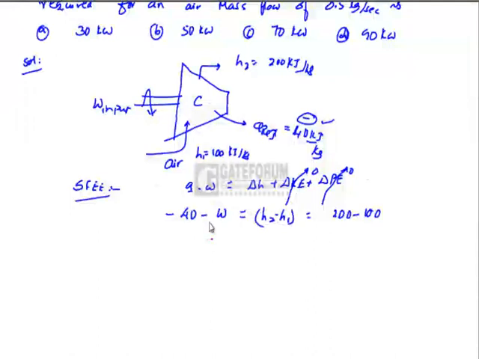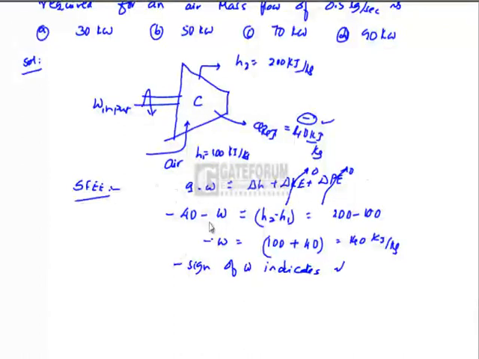Therefore, minus W is equal to 100 plus 40, that is 140 kilojoule per kg. The minus sign of W indicates it is work done on the system. Of course, for a compressor, work needs to be done on it.